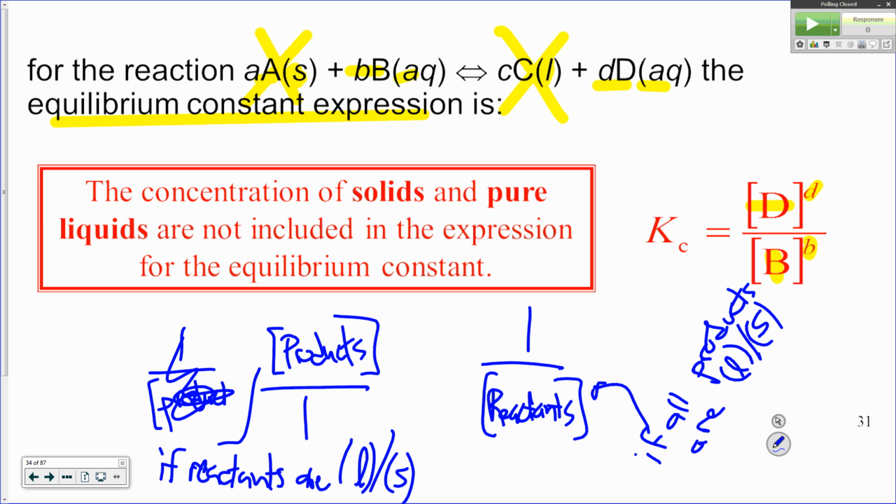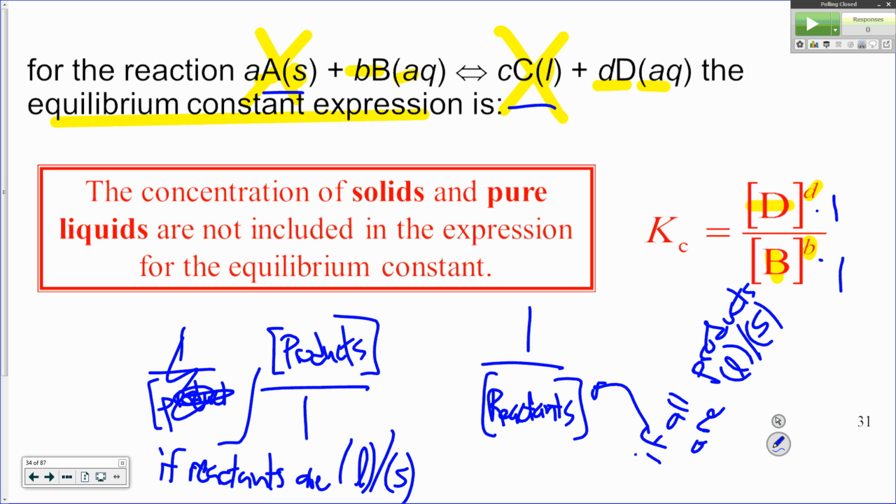Yeah, so if we don't have a concentration to put in there, we just use a 1. So in this example, we use 1 and 1 to represent those two different concentrations. Question on that? Which is the one we don't count the liquid?